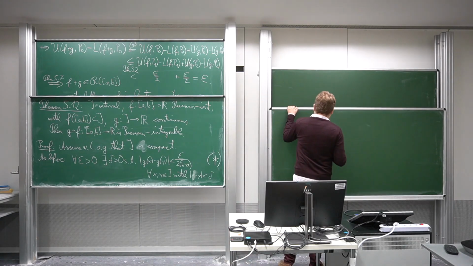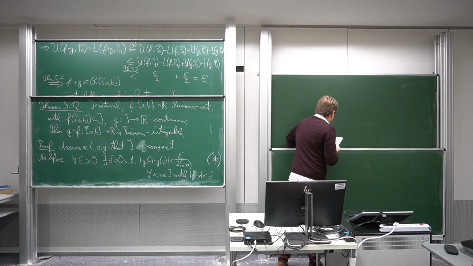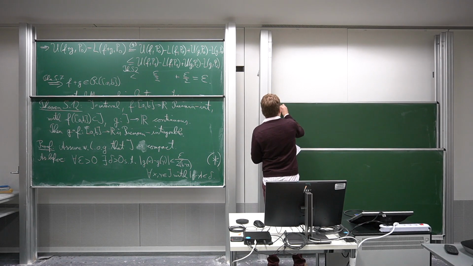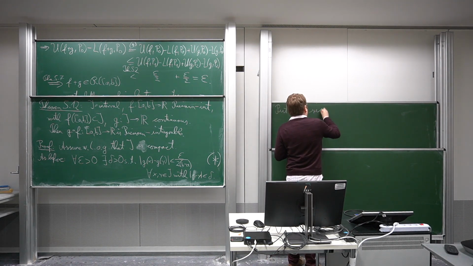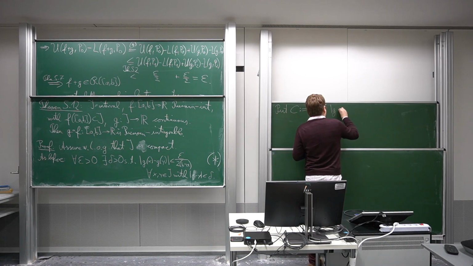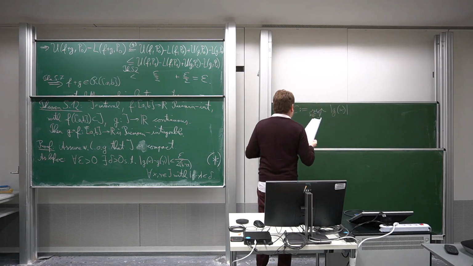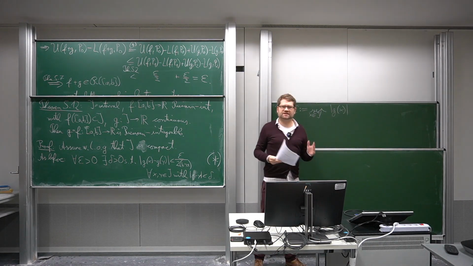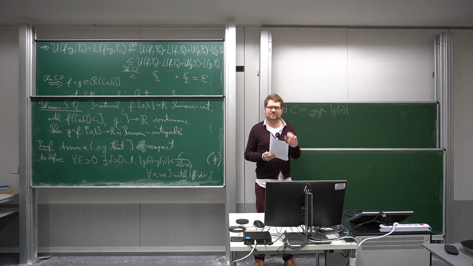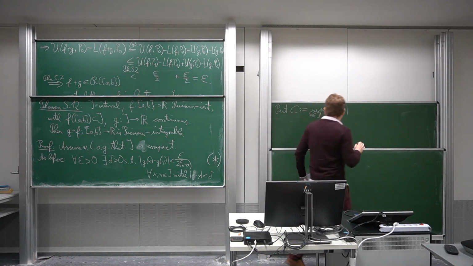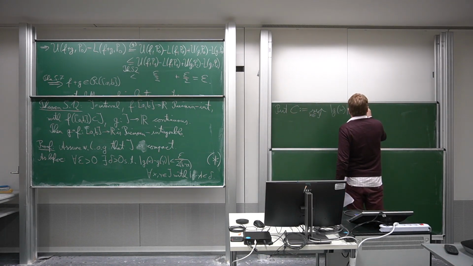Now we define C to be the supremum over all x in I of the absolute value of g(x), and we know that g is a continuous function on a compact interval. It has a maximum and a minimum. In other words, it is bounded, especially. So we know that this must be smaller than infinity.